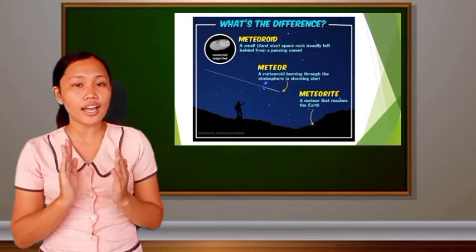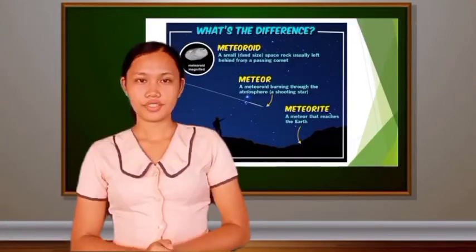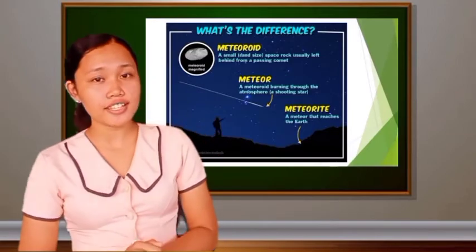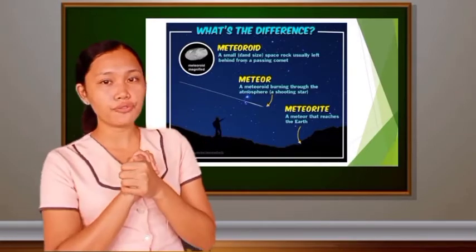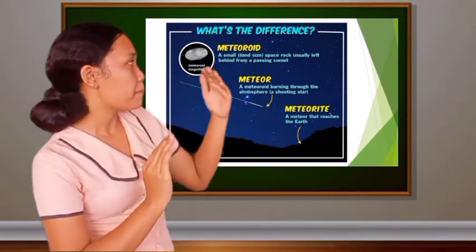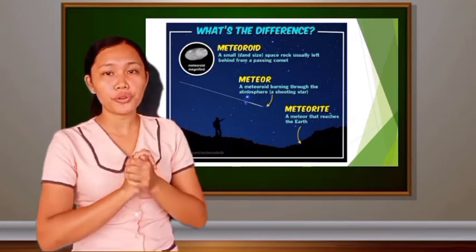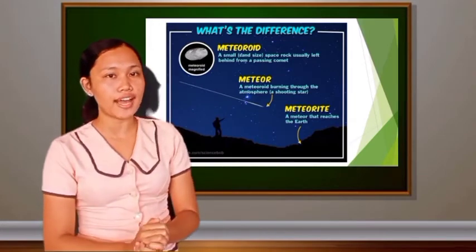They are just tiny chunks of rock burning up in the Earth's atmosphere. If a meteoroid rock doesn't completely burn up as it falls to the Earth, the rock that is left behind is called a meteorite.